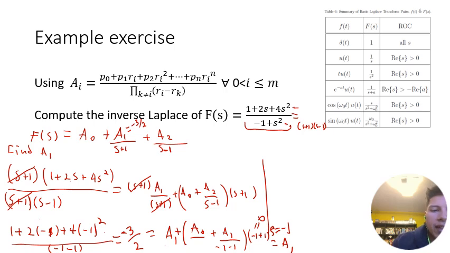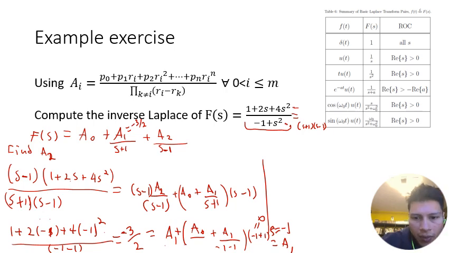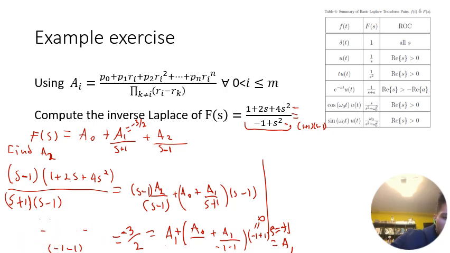Okay, so now we need to find a2. How do we find a2? Well, we're going to apply the same trick, but now we will multiply by s minus 1. So we have here a1 over s plus 1, and this is a2 over s minus 1, and then now we evaluate at s equals 1. So let's just do the math.